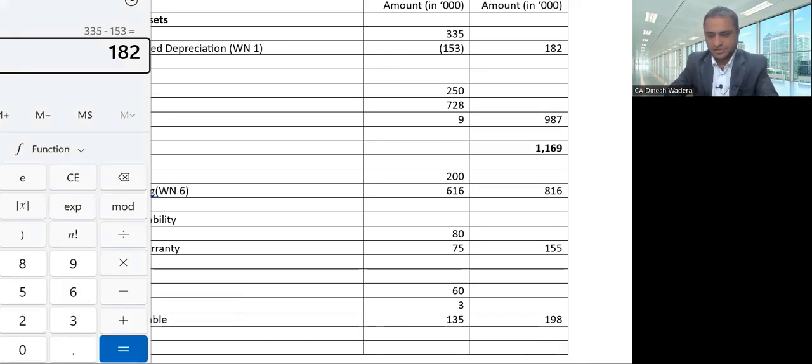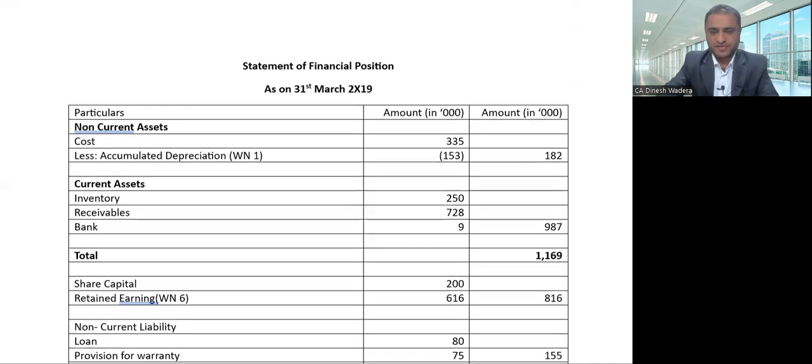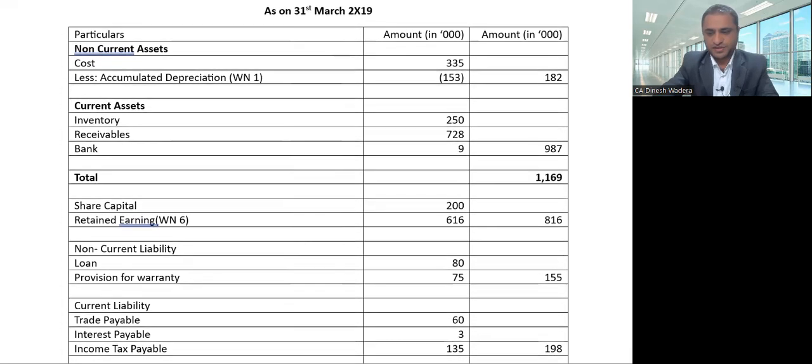It should ideally match, else you have missed something. Plus 155 plus 198. 1169. Matching. So here is a complete solution, statement of financial position.